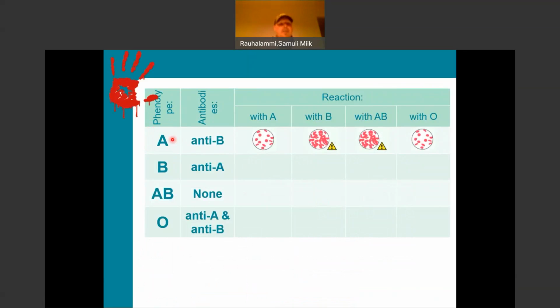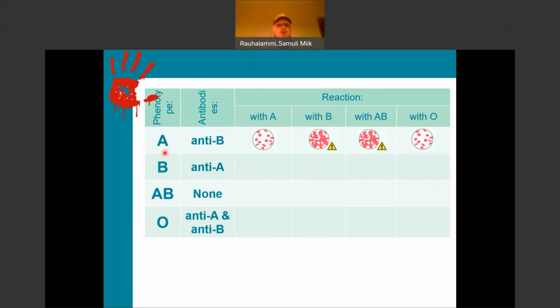So the phenotype was always the visible, observable characteristic. So this is the blood type A. An individual whose blood type is A will have antigens for A on the surface of their red blood cells. They will have A antigens on their surface. So remember those donuts with A sprinkles on top of them.